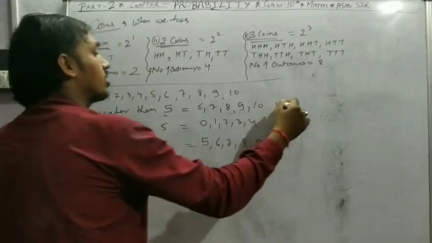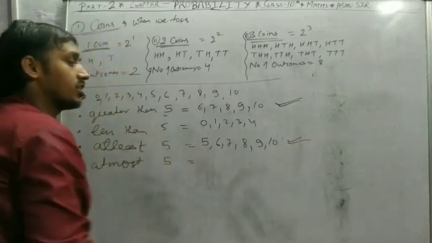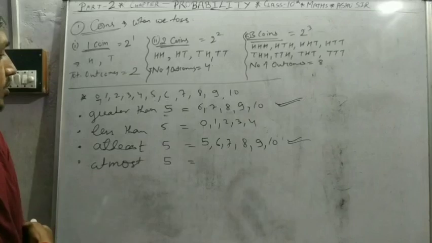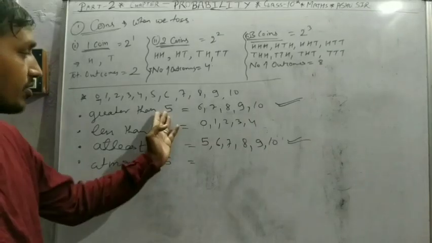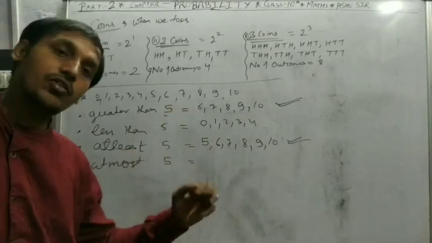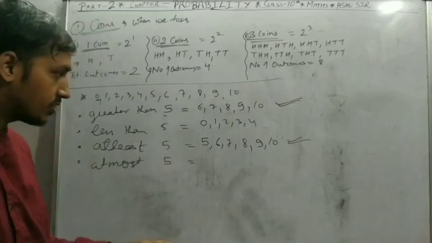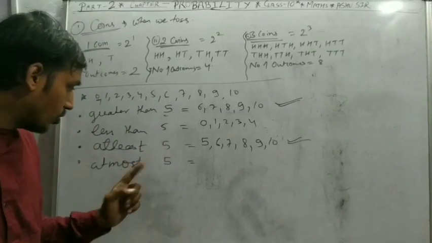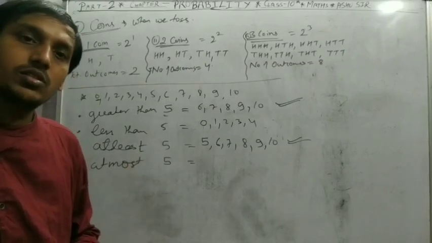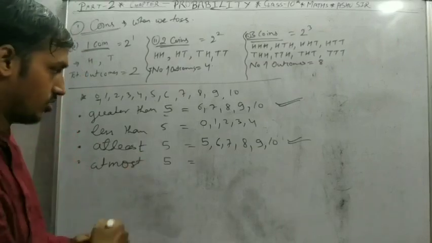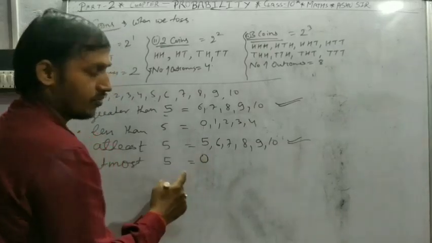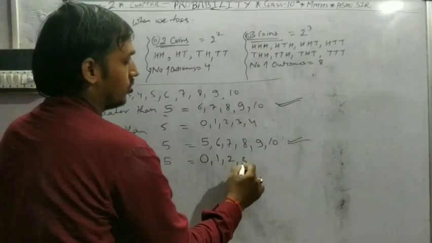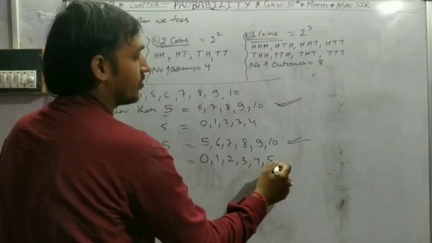The similarity between them is that greater than 5 means after 5, while at least 5 means from 5, which also includes 5. At most 5 means maximum 5, so starting from the minimum value, 0, 1, 2, 3, 4, 5 also included.